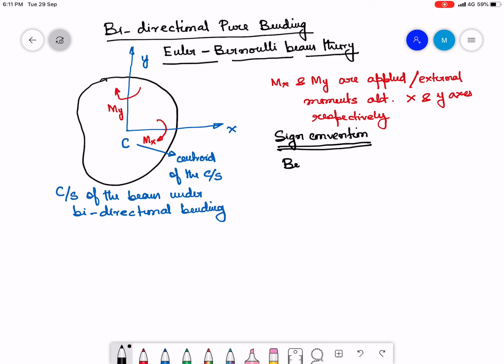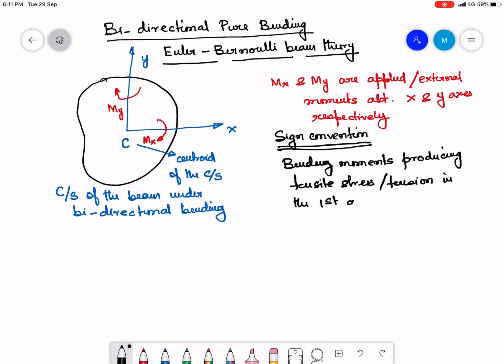Bending moments producing tensile stress or tension in the first quadrant of the cross section is considered to be positive as per our sign convention.